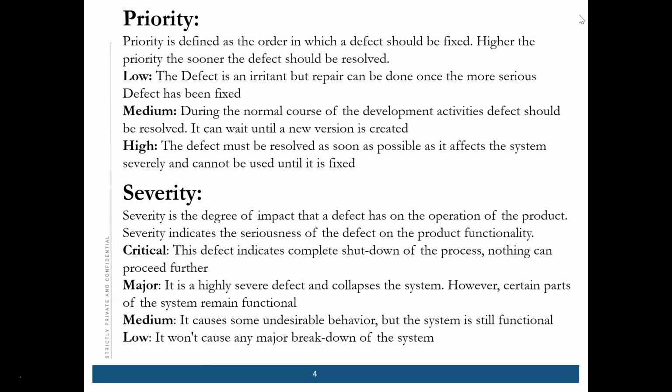However, certain parts of the system remain functional. Medium: it causes some undesirable behavior, but the system is still functional. Low: it won't cause any major breakdown of the system. Correct. So these are all the different priorities and different severities.